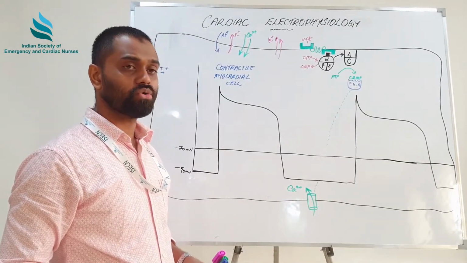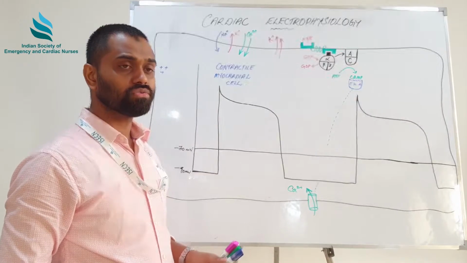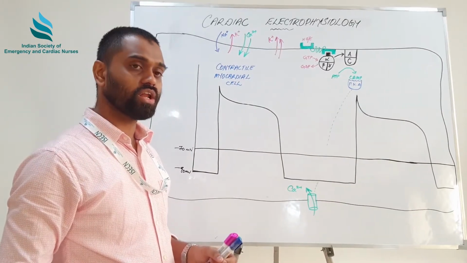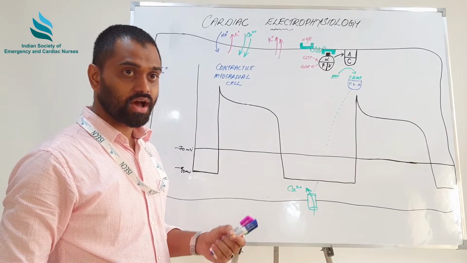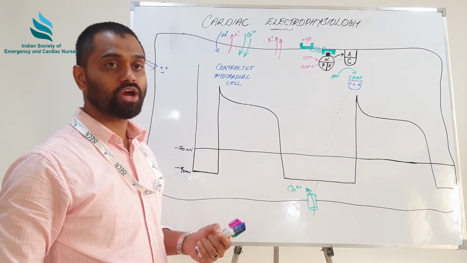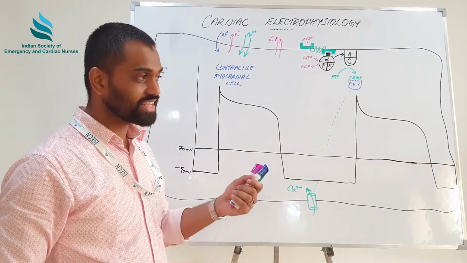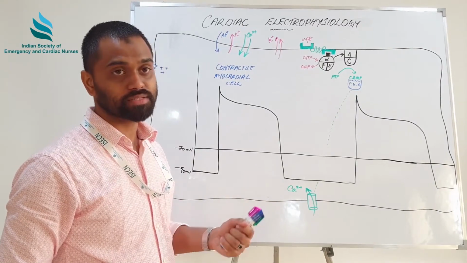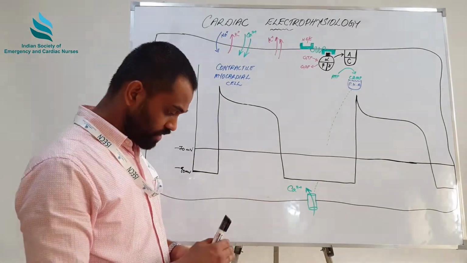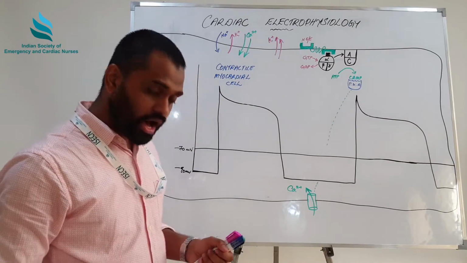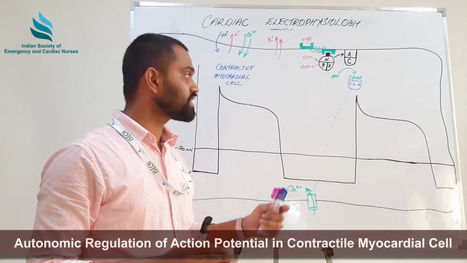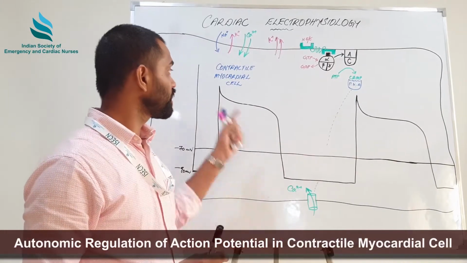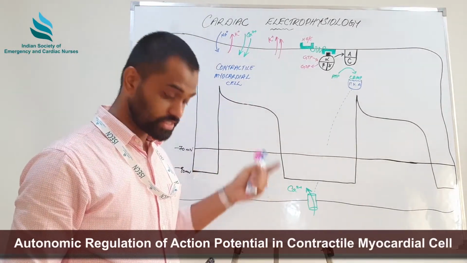We have already seen how the action potential of specialized myocardial cells is influenced by the autonomic nervous system, signals from sympathetic and parasympathetic pathways. Now we also need to see how the autonomic nervous system influences the action potential in a contractile myocardial cell.